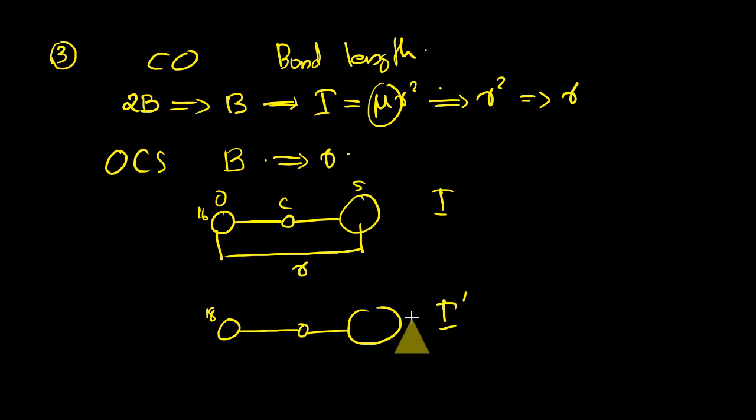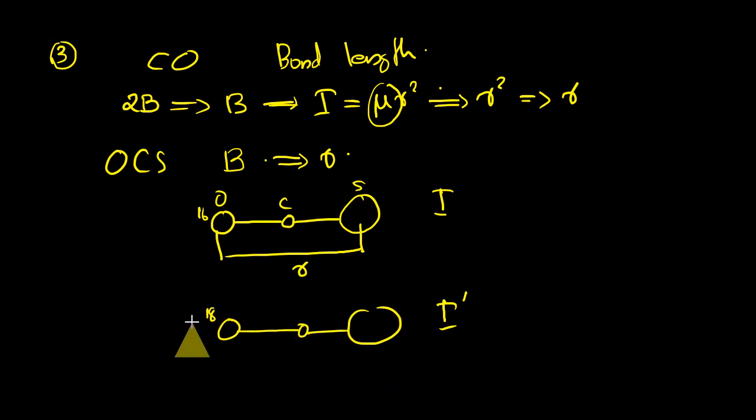By comparing these two moment of inertia values, we can determine the bond lengths, the individual bond lengths in this molecule. That is possible. So even if the microwave spectrum does not give direct information about the bond lengths in a particular sample, we can get the bond lengths by making some proper experiment.